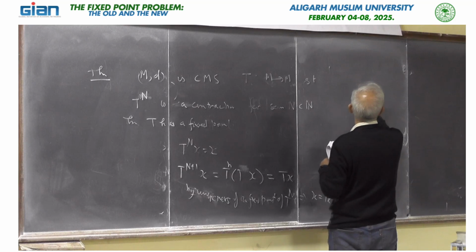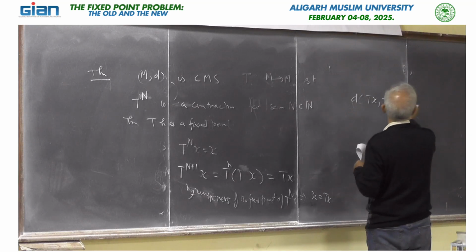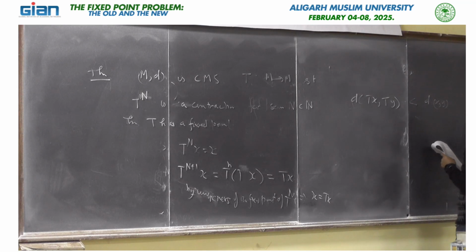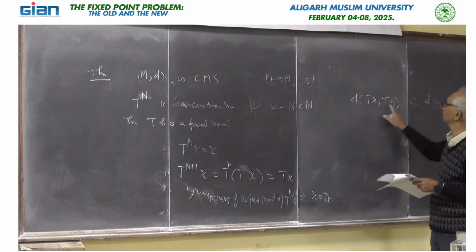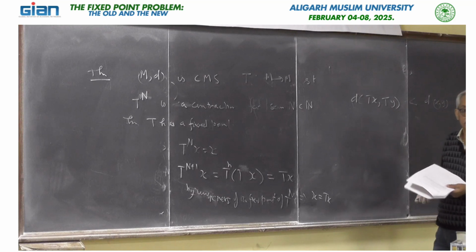That d(Tx, Ty) is strictly less than d(x, y) for x not equal to y. Okay, because if x equals y, then this is going to be 0, and this of course is also 0. So a strict inequality cannot hold.